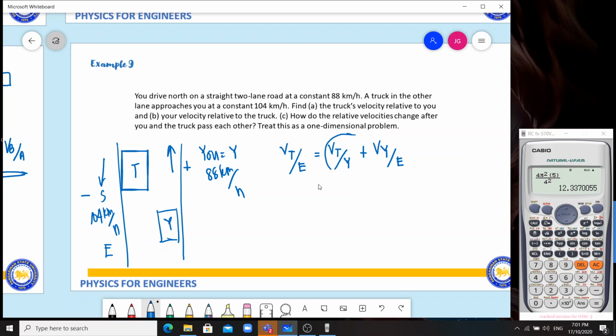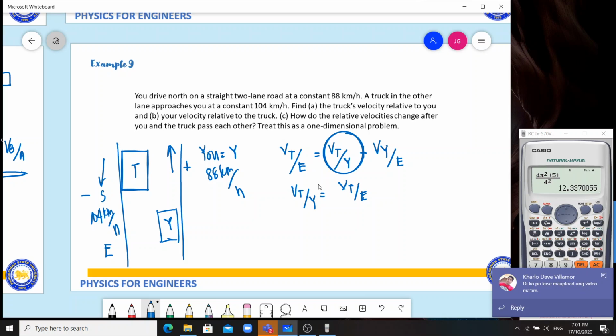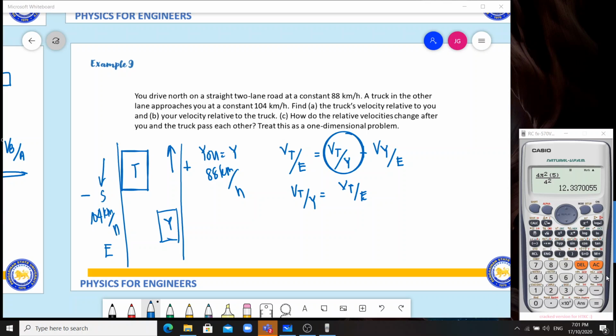So, ito yon. Yan yung hinahanap. So, ayusin natin. Vty is equals to Vte minus Vye. Okay? So, Vty is equivalent. So, yung truck with respect to the Earth, sabi niya, is negative 104, negative kasi going south, kilometer per hour.